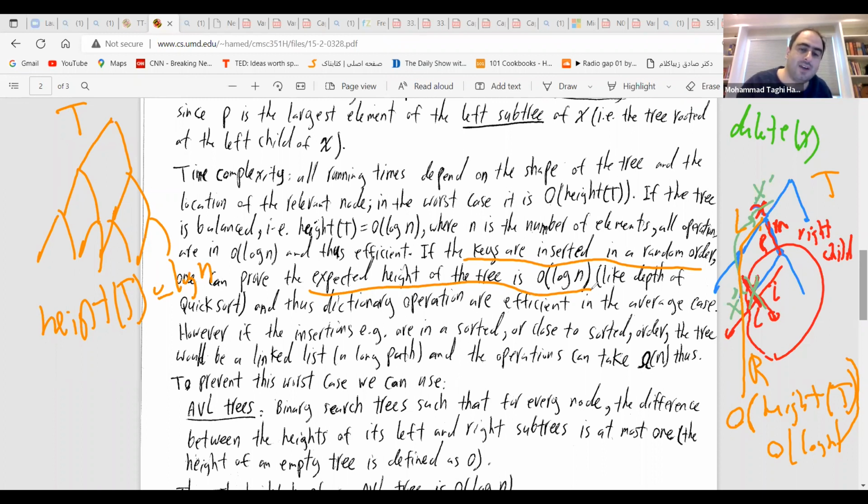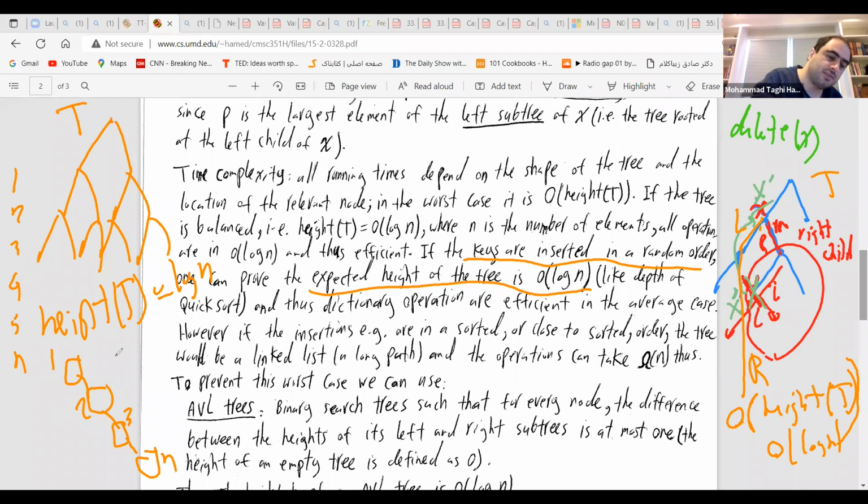However, if the elements are sorted, so the elements that you want to insert are 1, 2, 3, 4, 5 up to n, then the first element comes here, 1. Then the second is 2, then the third is 3, and finally n.